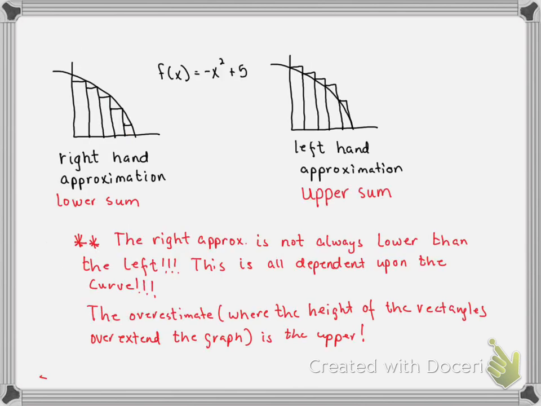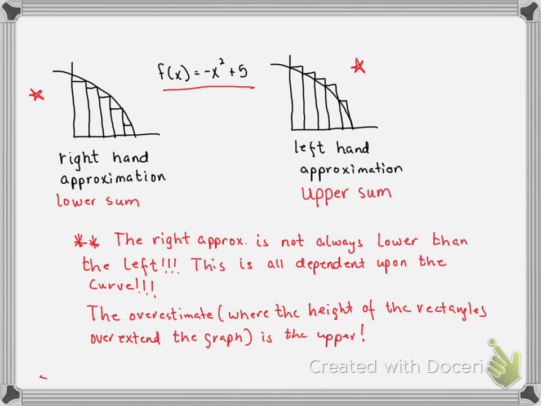Before we begin that, we're looking at these two curves, okay? The curve is negative x squared plus 5, okay? So we've got the right-hand approximation over here, and we've got the left-hand approximation over here.